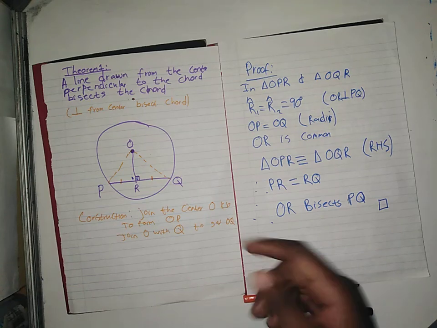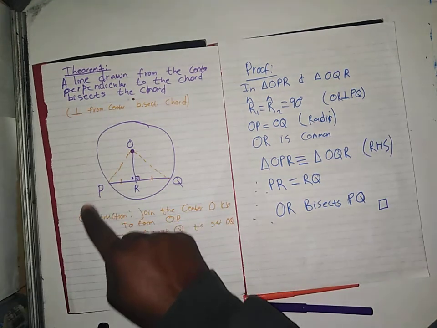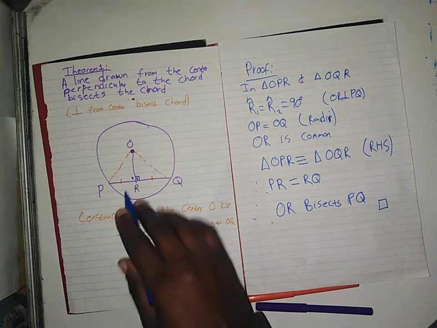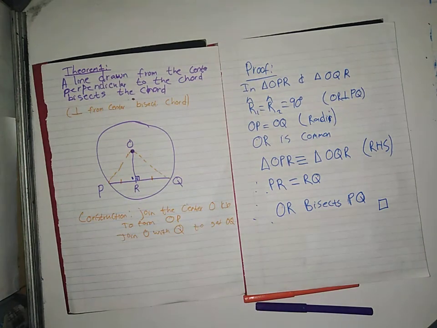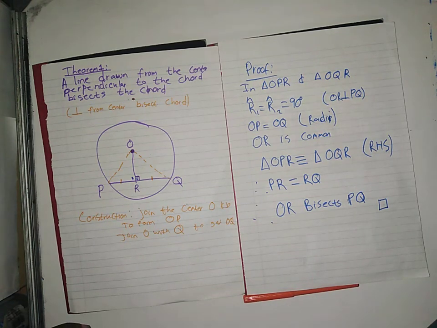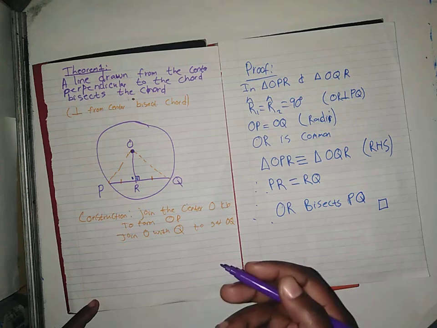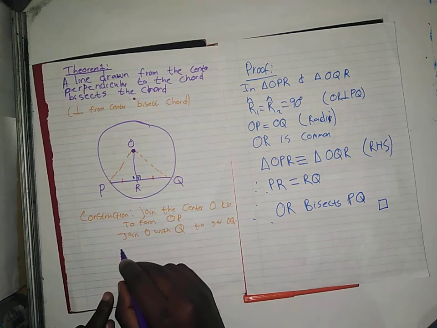But before we do that, remember, we've constructed here, we must also mention that from angle R, we constructed angle, we didn't construct it basically, but we've named R1 and R2.